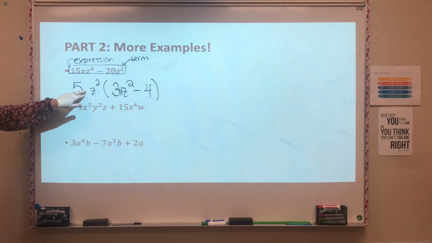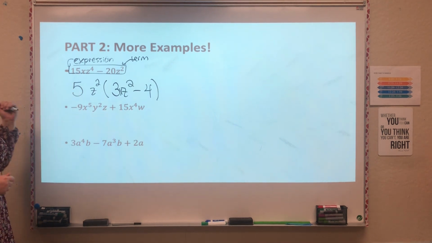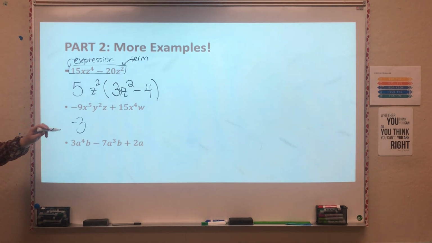Once we've talked through that idea a little bit, these two should be quicker. This one here, greatest common factor. 3. But it would be negative 3. And then you'd have x to the 4th. And that is it.